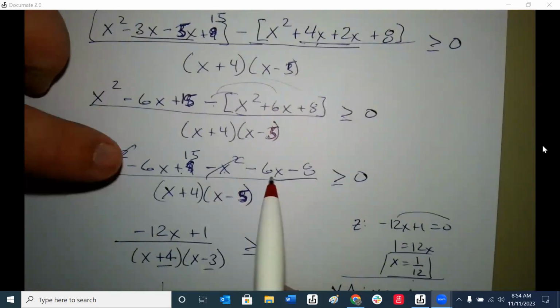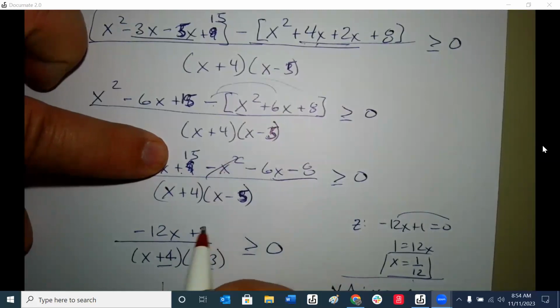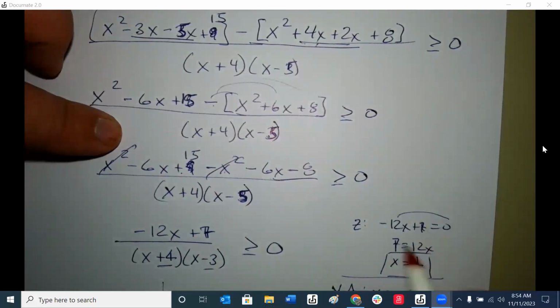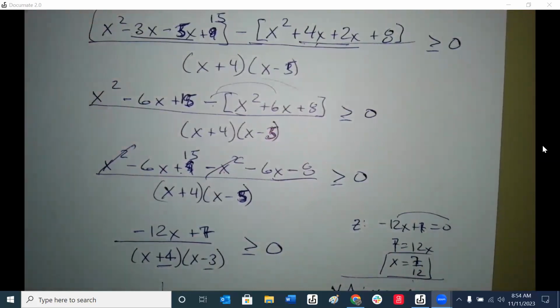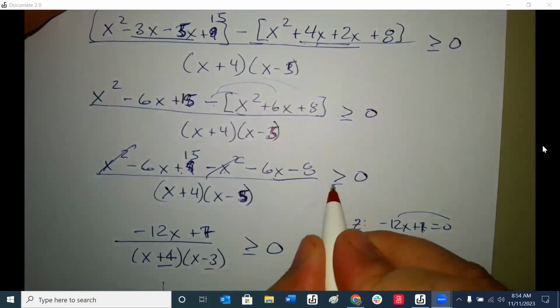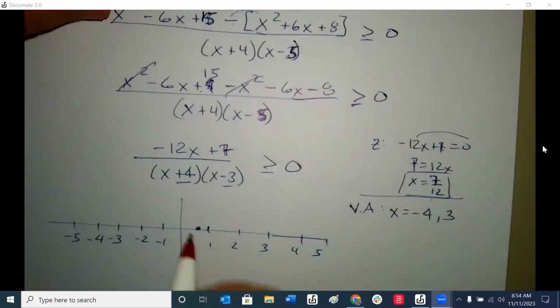X squared is canceled, negative 12x. 15 minus 8 is 7. So this is 7 over 12. Because the equal sign is my 0, I can include that point. This is 7 over 12.